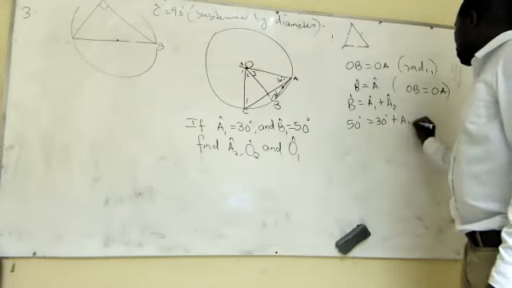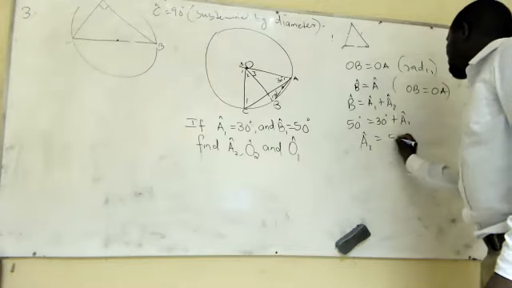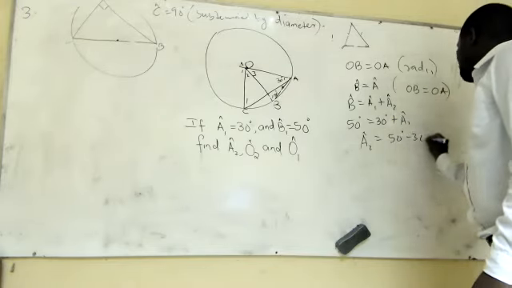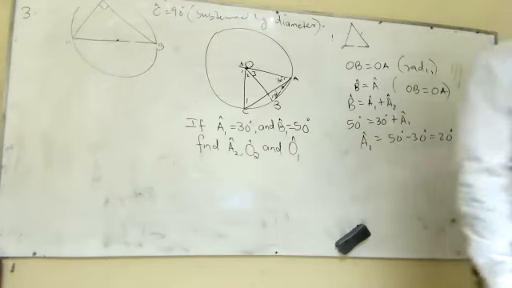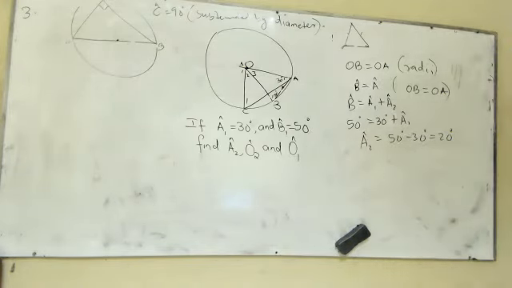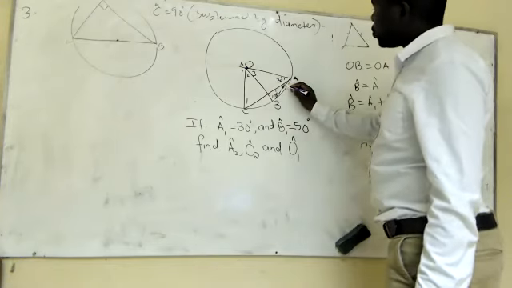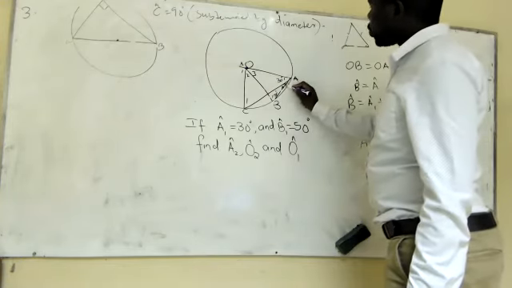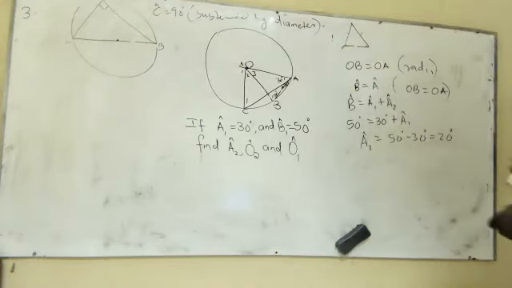Therefore, we can calculate A2, which in this case is going to be 50 degrees minus 30, so the answer is 20. Are we all together? We now have the answer for A2, which is 20 degrees.